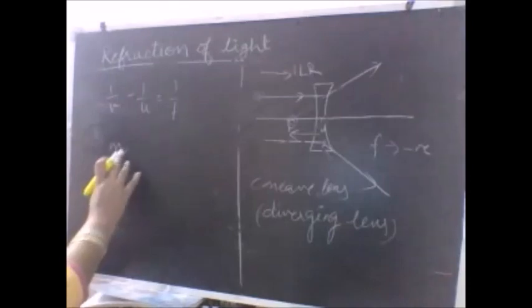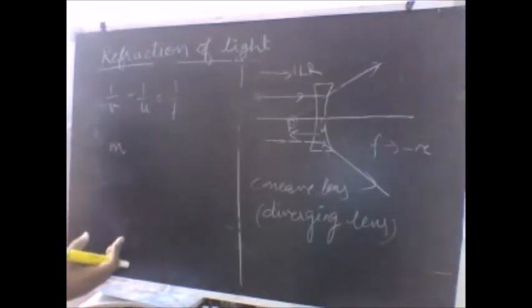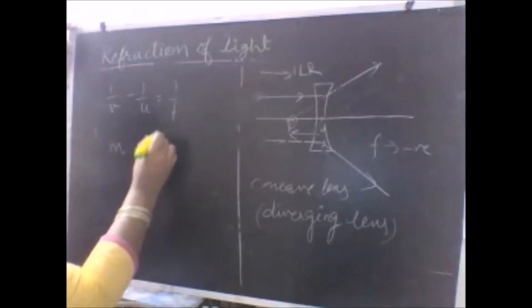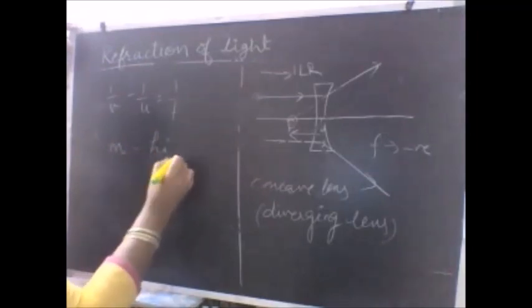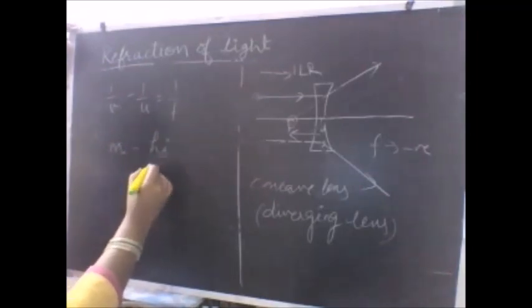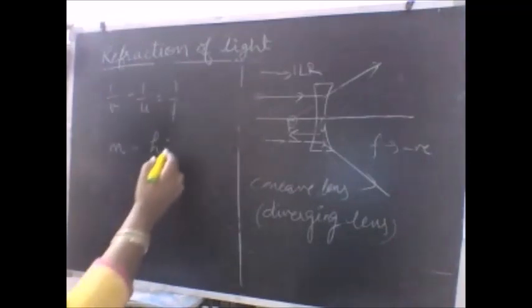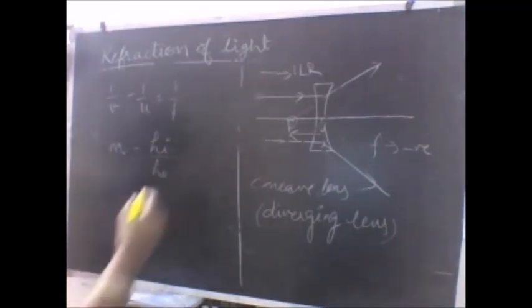So what is the magnification, and how much is the image magnified? Is it magnified, or is it a small image which is formed? So we'll define a magnification here, and we call that the ratio of the height of the image to the height of the object.